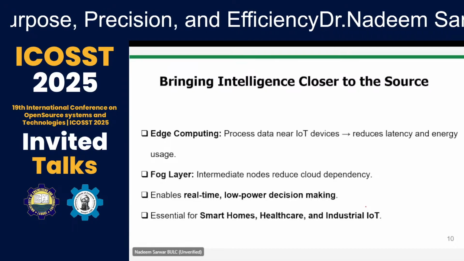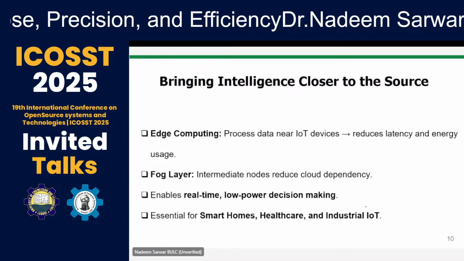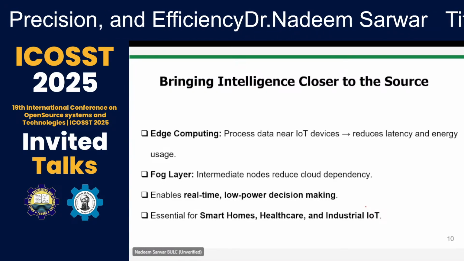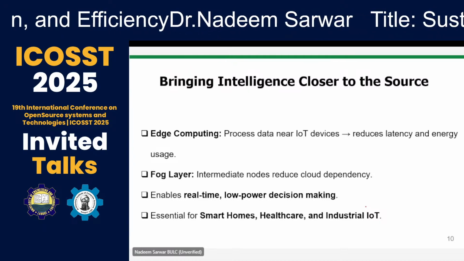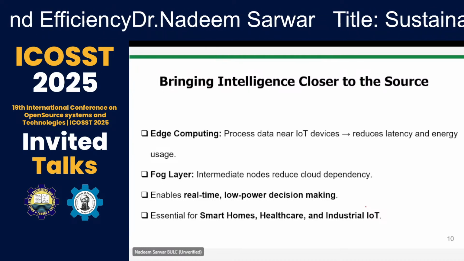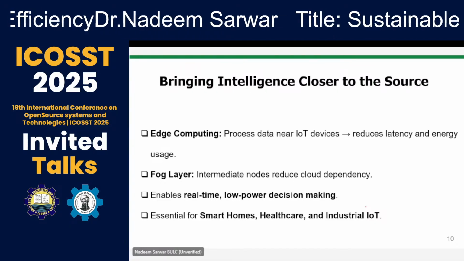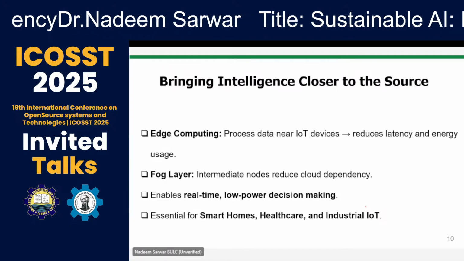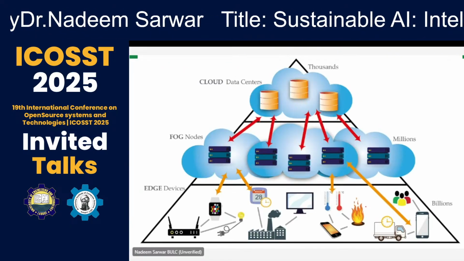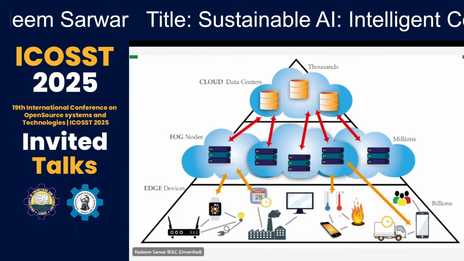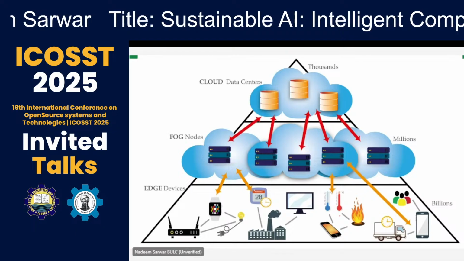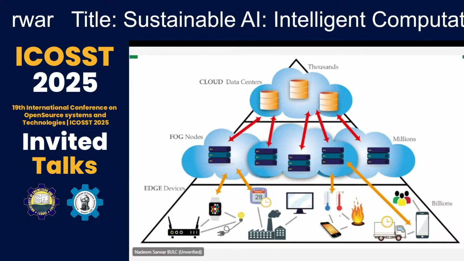So how can we design such kinds of adaptive models? We need to focus on edge computing, which processes data near IoT devices and reduces latency and energy use. When we put a query to our system, we can use billions of edge devices and fog nodes. Millions of fog nodes and millions of edge devices are part of that query.